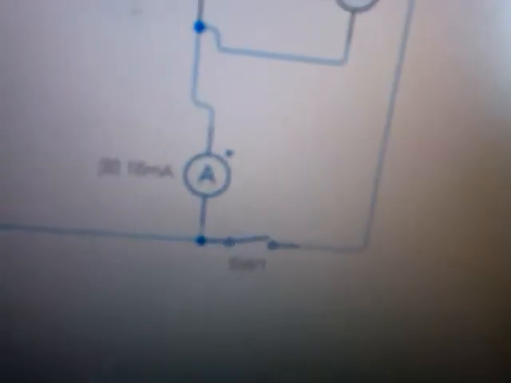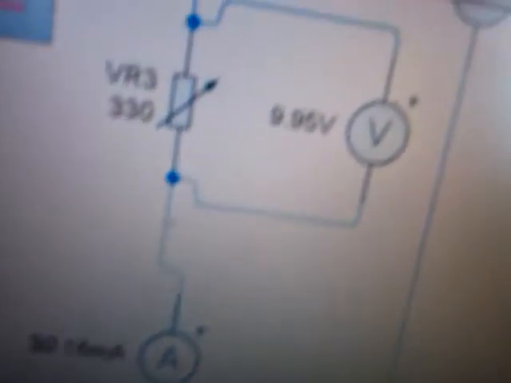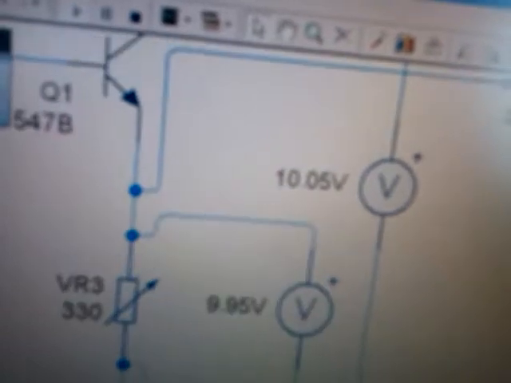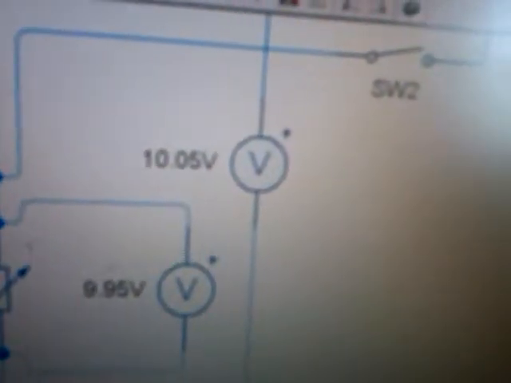So we see it is the same thing. Here I have the voltage supply. This one is for VCG and a ground. So let's switch it on.